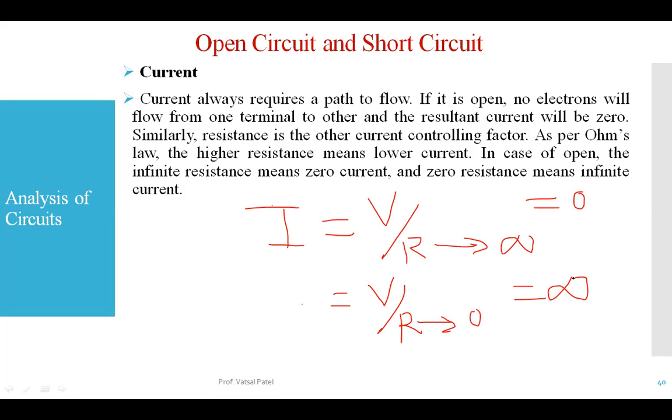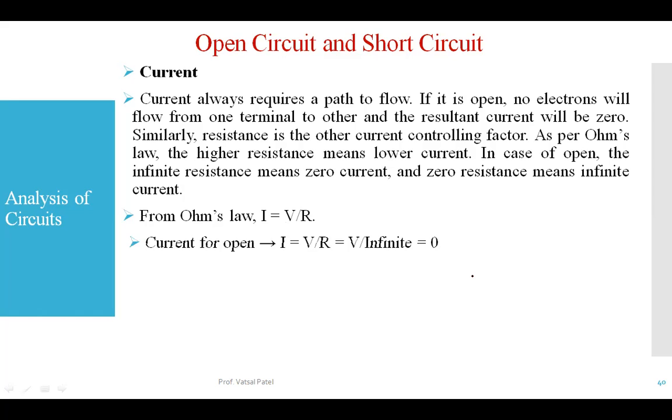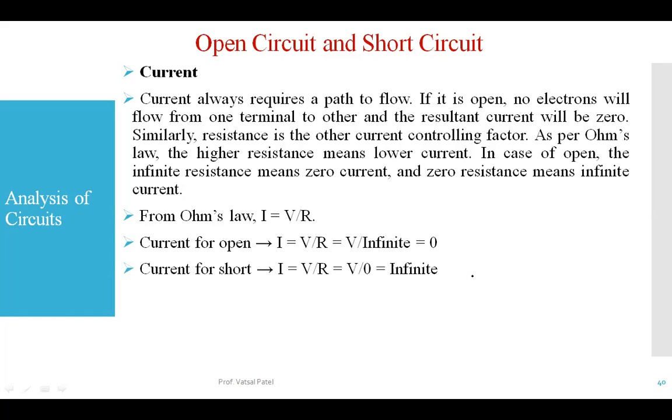That's it. This is the same thing written here. You just apply Ohm's law, I is equal to V by R. For the open circuit case, the resistance is infinite and the current will be zero. For the short circuit case, the resistance is zero and the current will be infinite.